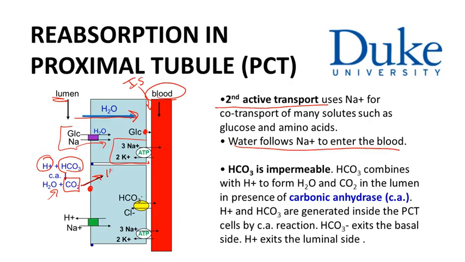Once they're inside, then we will regenerate the proton and the bicarbonate because there's carbonic anhydrase activity within the cells. The bicarbonate is removed from these cells using the bicarbonate chloride antiporter, which is located on the basal region of these cells, and bicarbonate then enters into the blood.